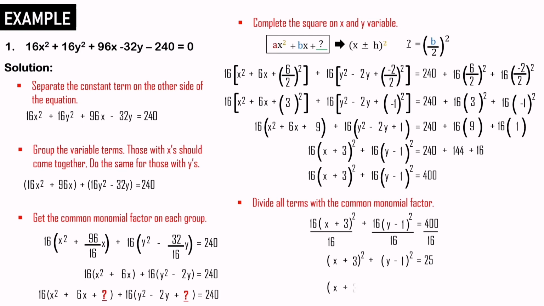So we have x plus 3 quantity squared plus y minus 1 quantity squared is equal to square root of 25 is 5. So we have 5 squared. So this is now the standard form of equation of this. So, muna ang standard form ani na general equation. Kung lantawon nato ni siya, dali ra nato makit-an ang center no ug ang radius.